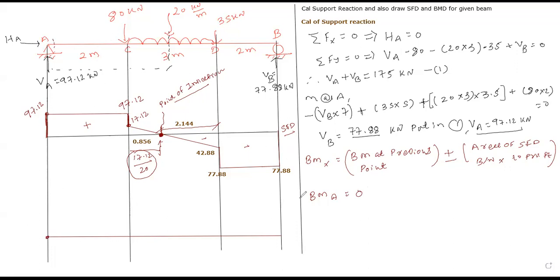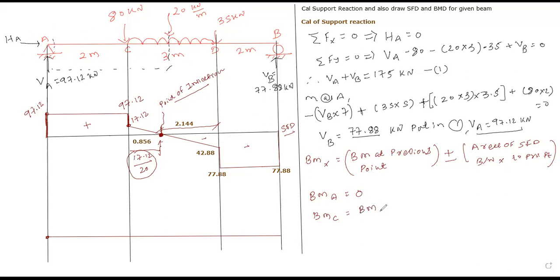Now, what is your next point? Bending moment at C. As per the above equation, what is the previous point of C? Type in chat box. Yes, good. Previous point of C is the point A. So can I write like that?